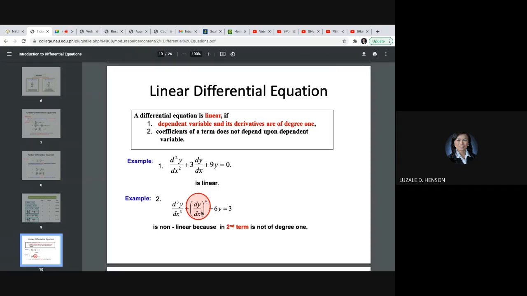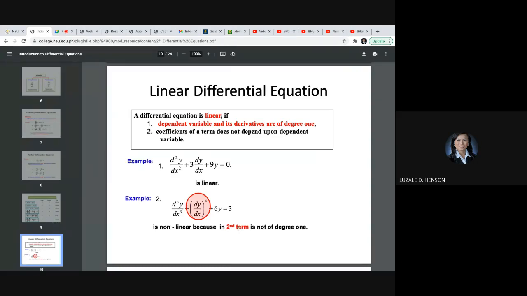So it violates condition number 1, where it says dependent variable and its derivatives are of degree 1. The derivative here is of degree 1. However, in the second term, the degree is 4. So violation, immediately you will say, this is not linear.